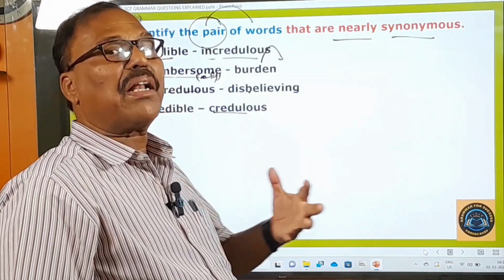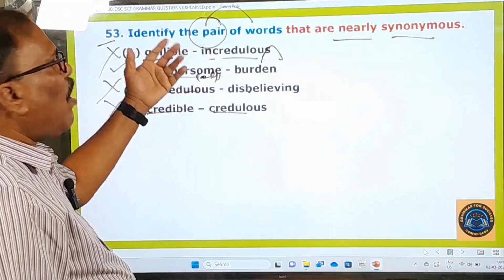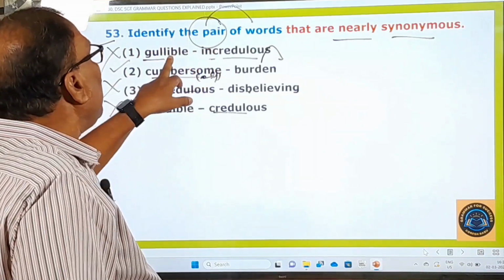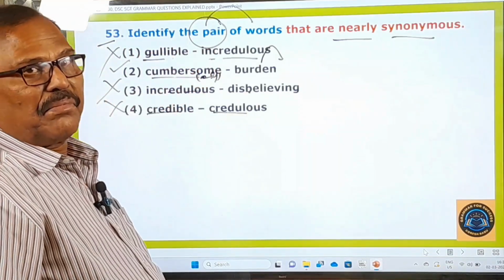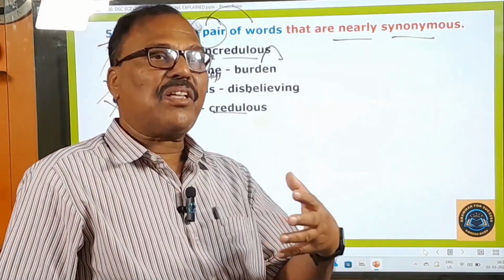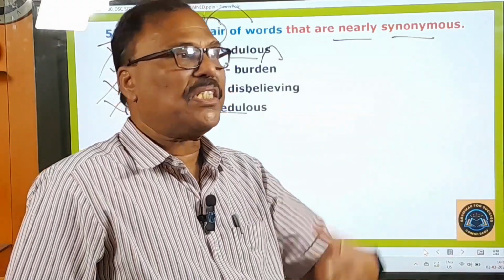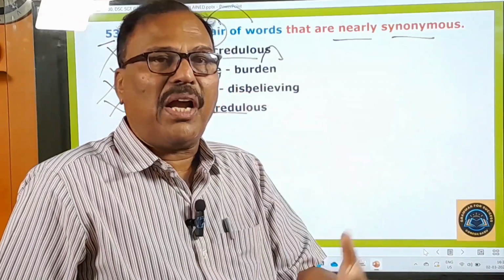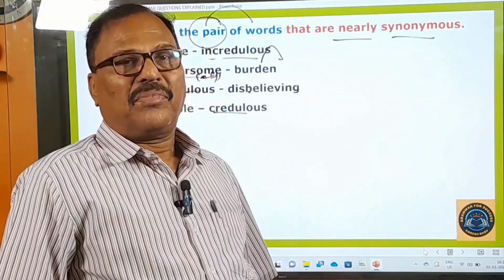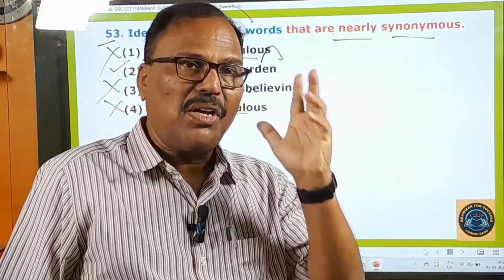Burdensome. But what is the meaning of these things? Why are they wrong? Let us see. Gullible means easily cheated. Village people are gullible. If you say something, they will easily believe you and get cheated. If you say invest 1,000 rupees and you get 1,500 tomorrow, they easily believe you. That's called cheating them.